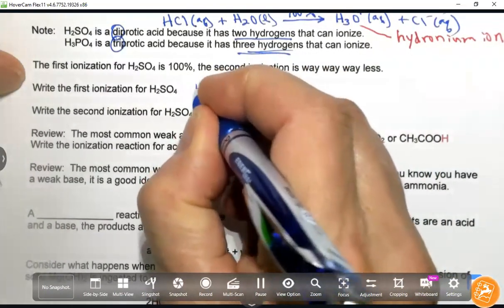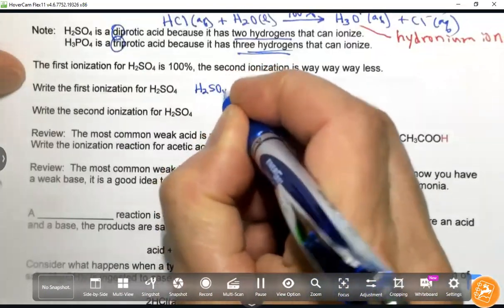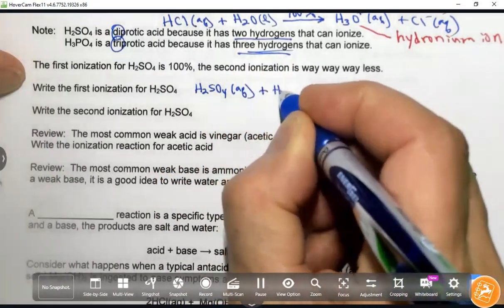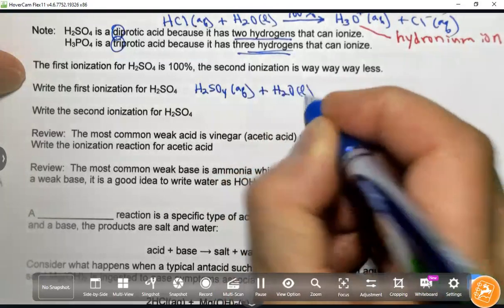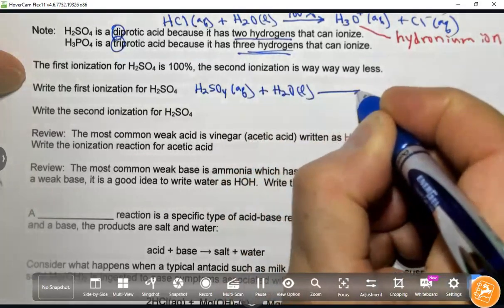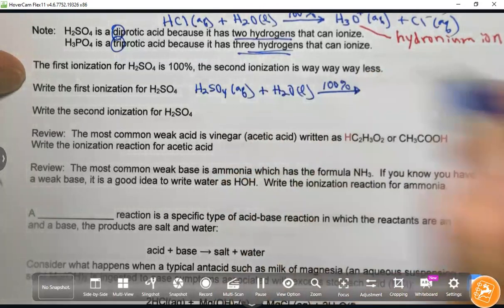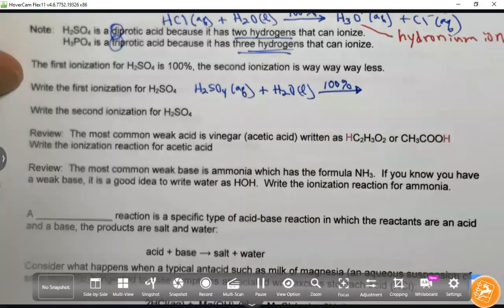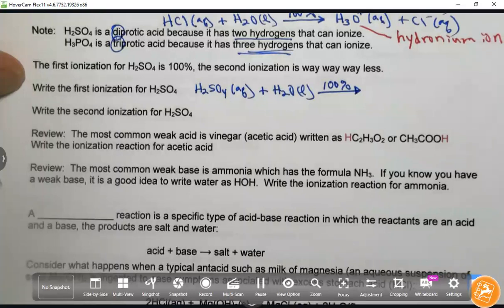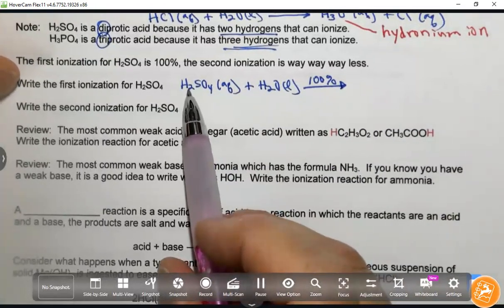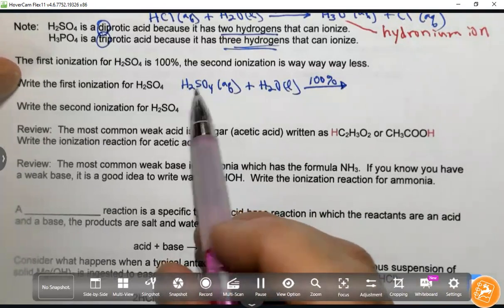So it's going to be H2SO4, aqueous. One-way arrow, 100%. So 100% of this first hydrogen comes off or ionizes.